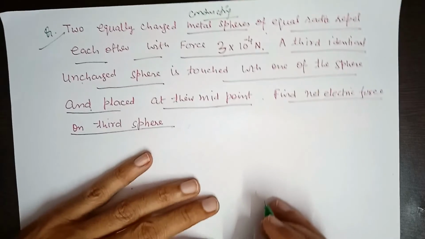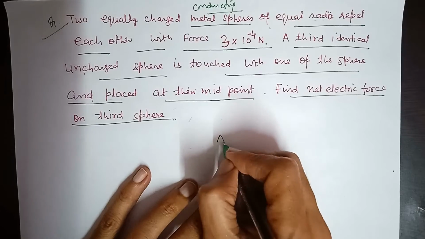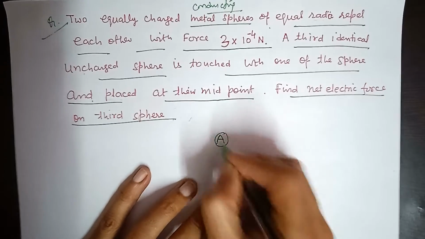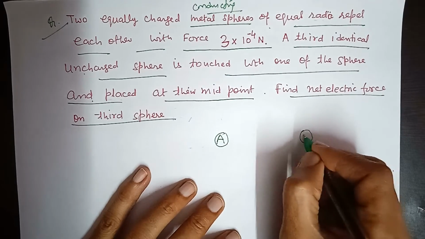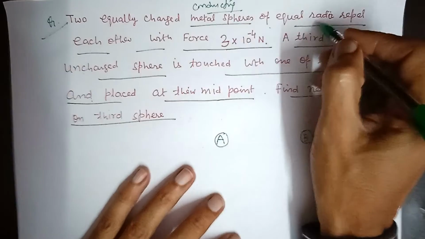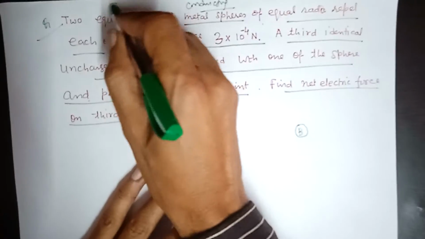See, let us assume that there are two spherical charges A and B, both having the same charge, equally charged.